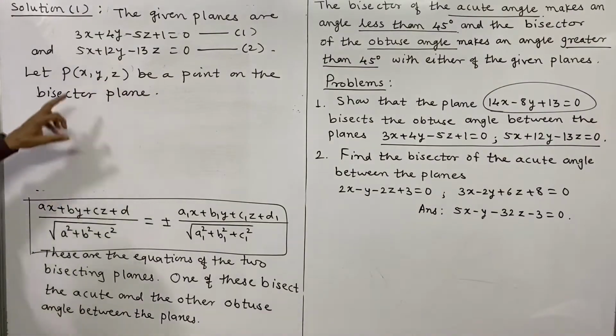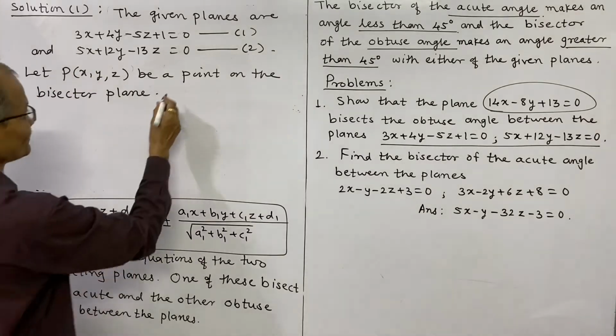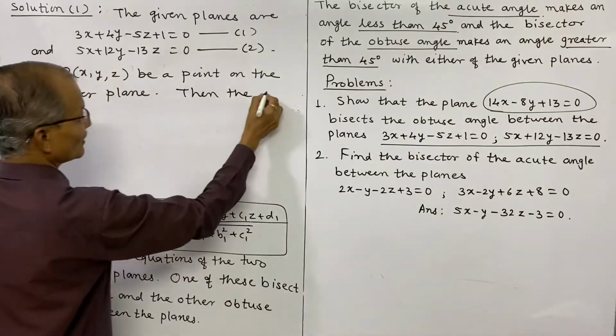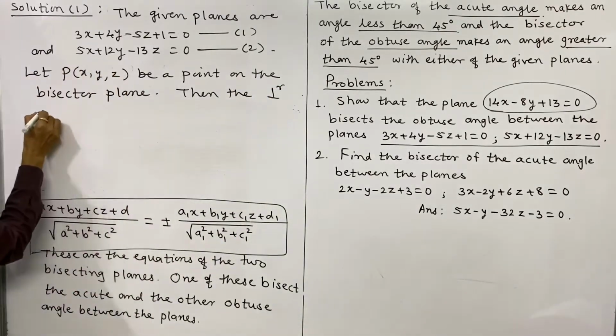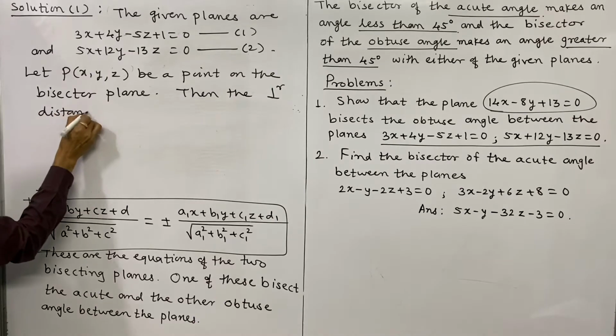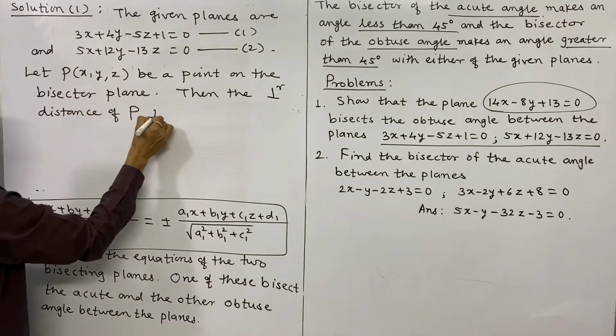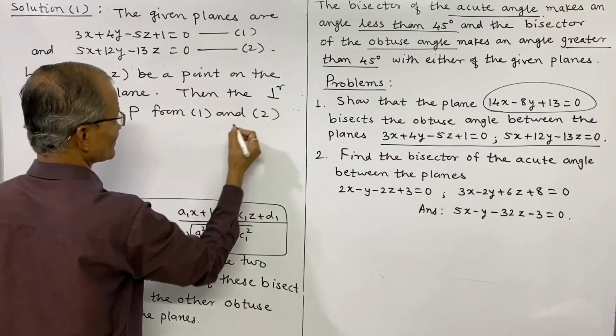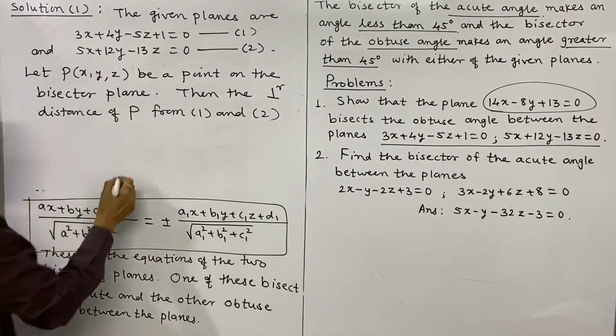Then the distance of P from 1 and 2 must be the same. Then the perpendicular distance from planes 1 and 2 must be the same.